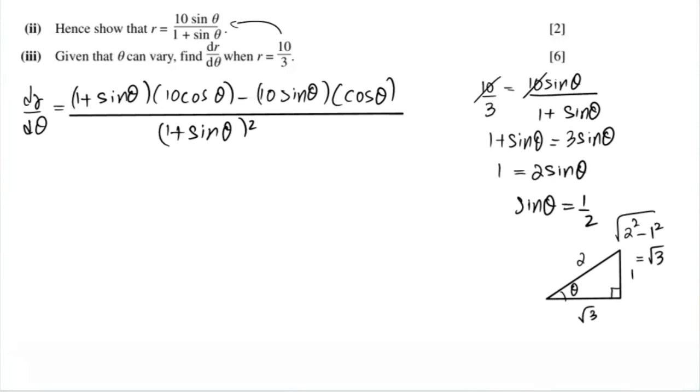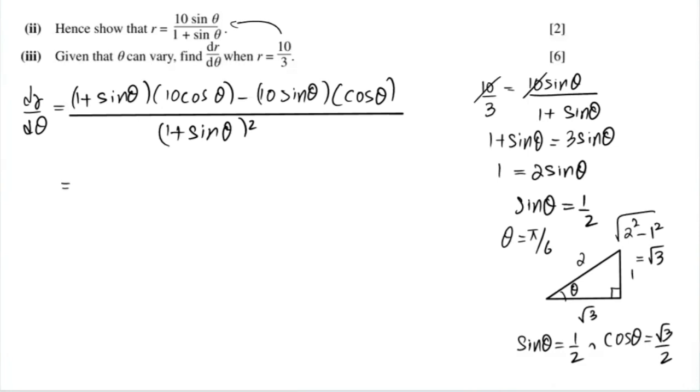So now whenever I have sine theta, obviously I use 1/2, but for cos theta, I can use root 3 divided by 2. This is one way of using exact answers, but otherwise we know that theta is just pi over 6 if you don't use this triangle.